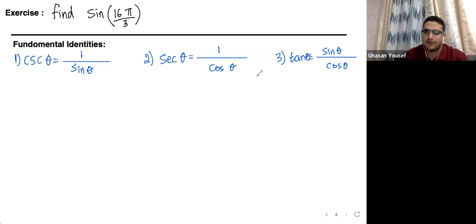Here, the tan of angle theta equals the sine over the cosine.